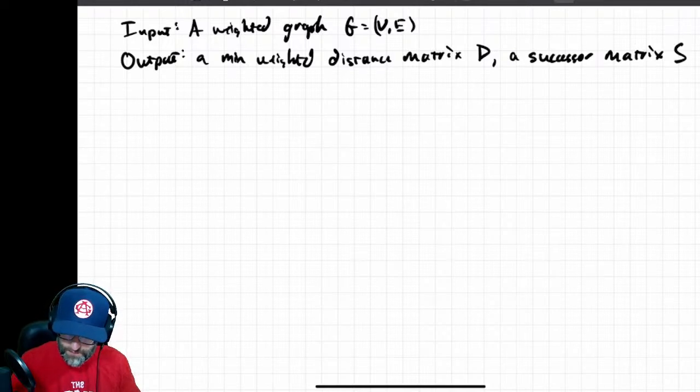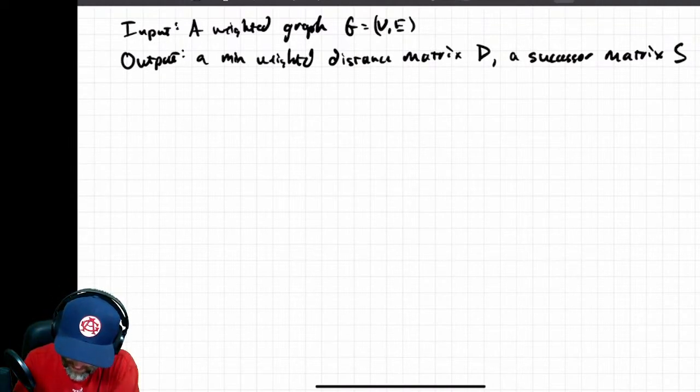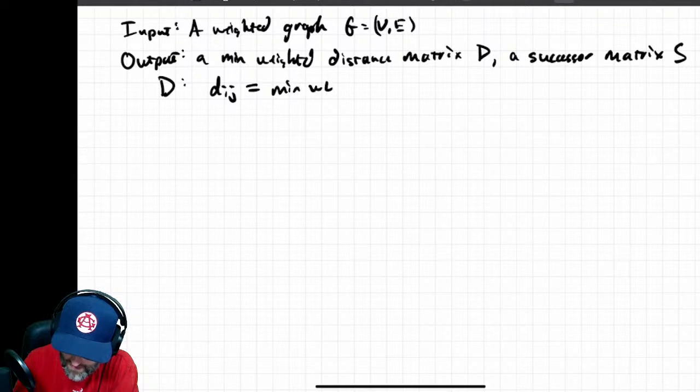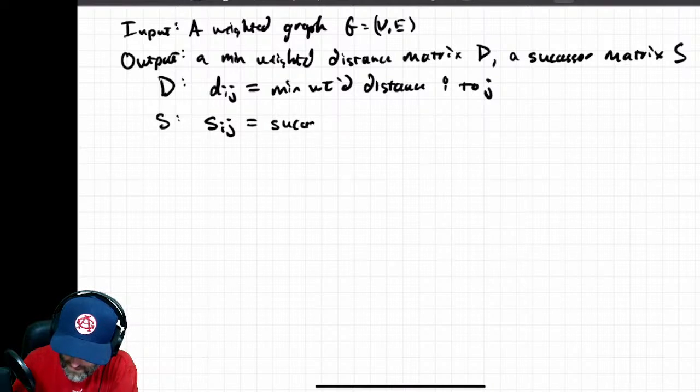Okay. Now I will put in the notes here what these values are going to be. So D is going to be a bunch of d sub ij's, and again that's going to be equal to the minimum weighted distance from i to j. And S here is going to be S of ij. This is the successor vertex in the path from i to j.